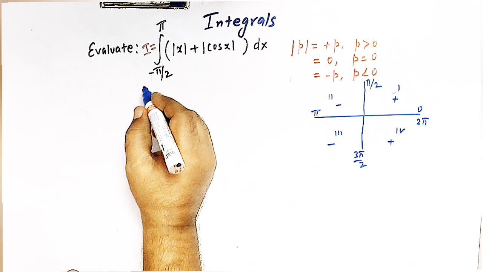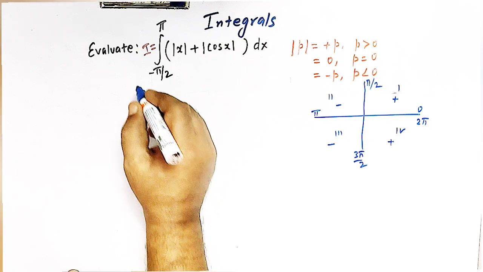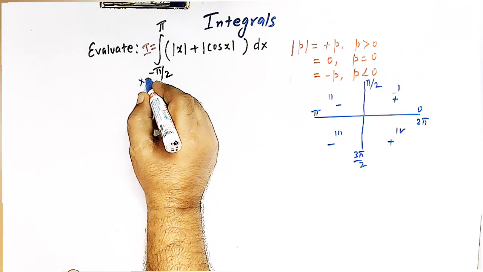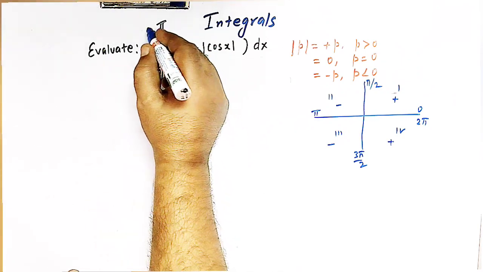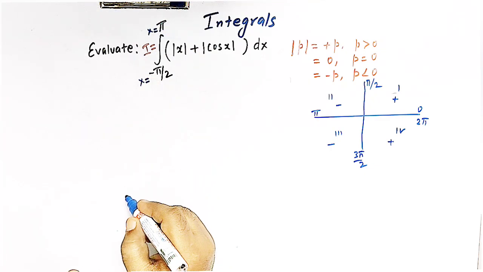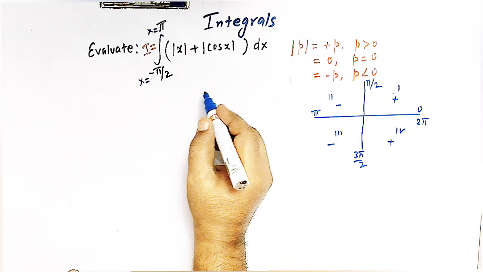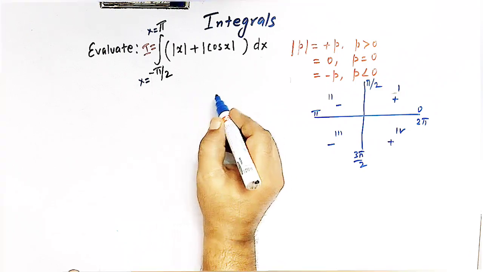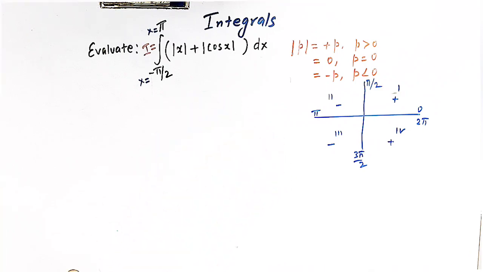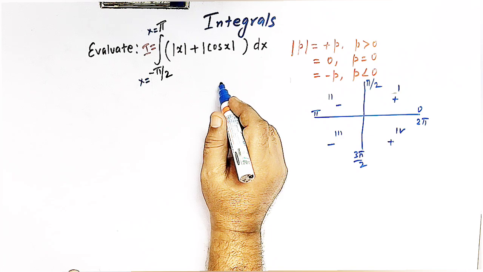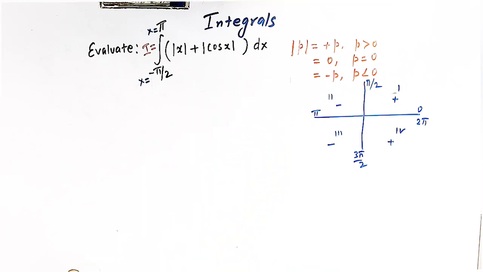So now let us see the limits of integration. Here the lower limit is minus pi by 2 and the upper limit is pi, right? Now from trigonometry we know that it is a convention that when we measure an angle in anti-clockwise direction, it is taken as positive, and when we measure an angle in clockwise direction, the angle is taken as negative, right?